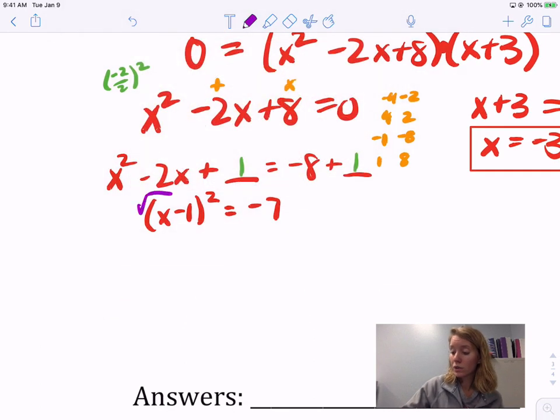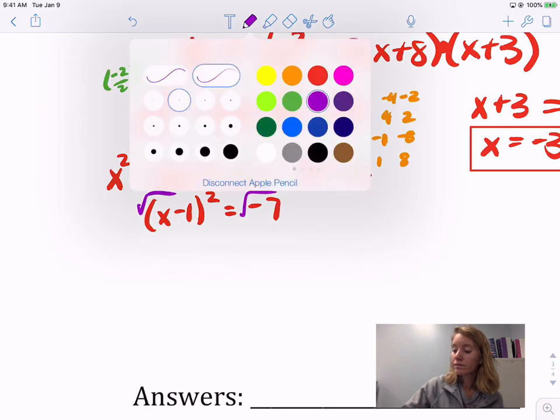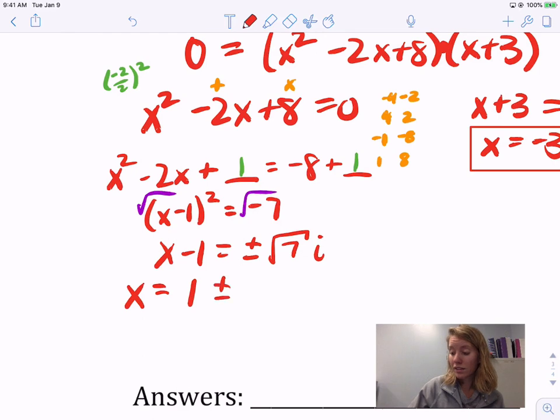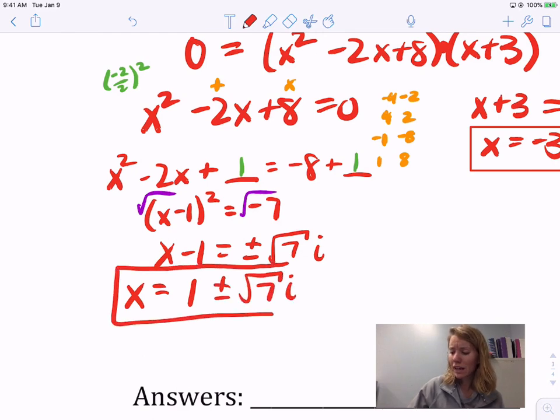Take a square root on both sides, and I get x minus 1 is equal to plus or minus radical negative 7, which, if you remember, is radical 7 times i. Okay, I can add 1 on both sides. I get x equals 1 plus or minus radical 7 times i. And those are my answers.